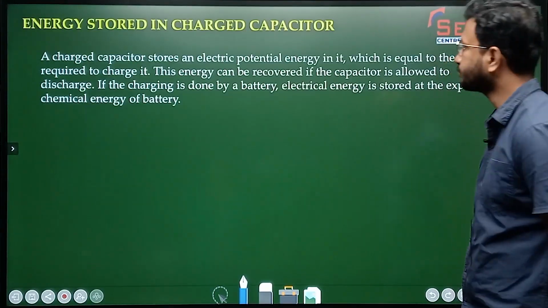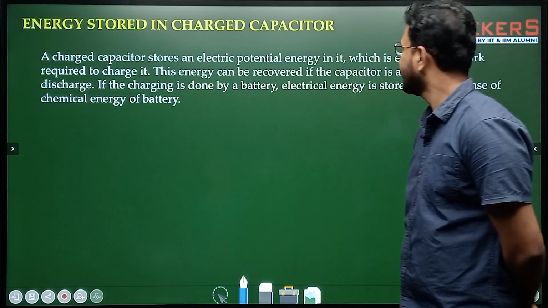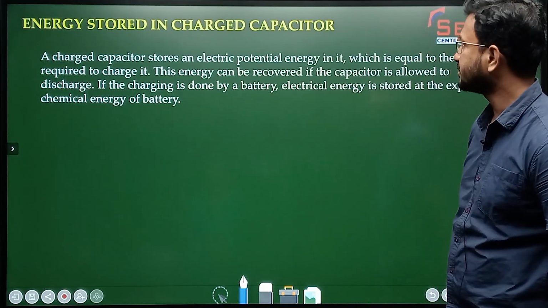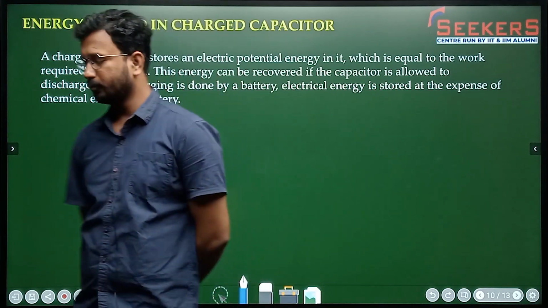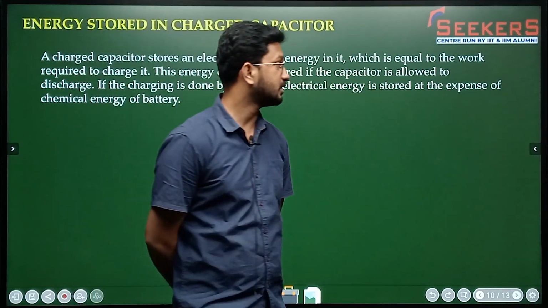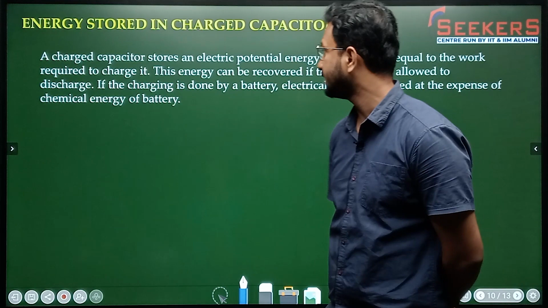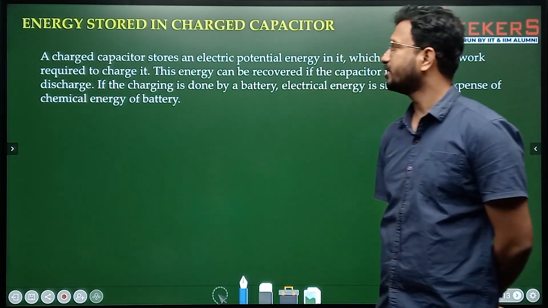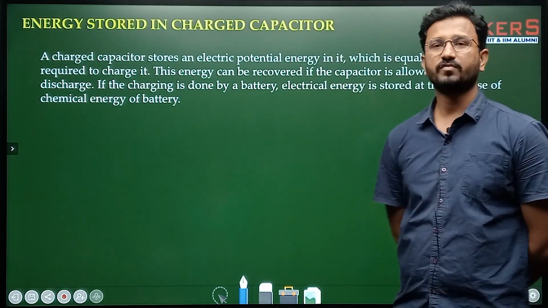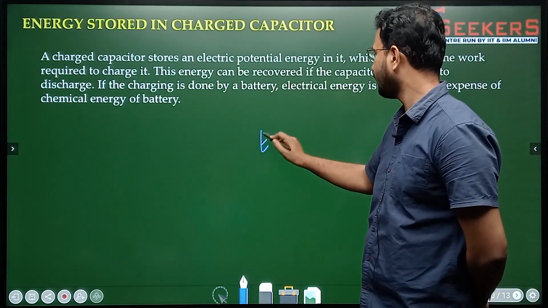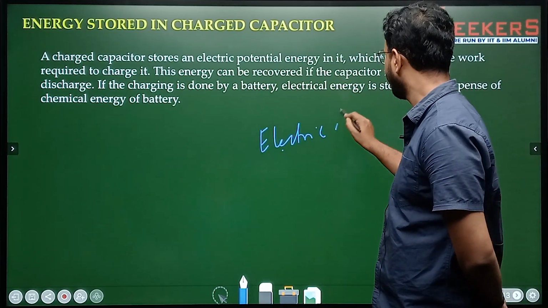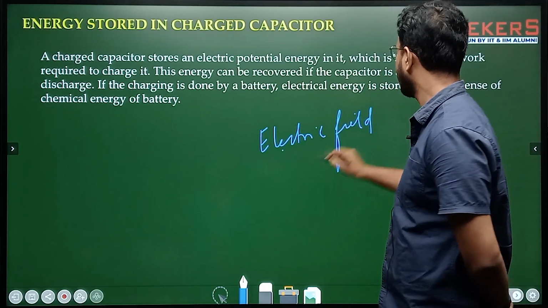Moving forward, energy stored in a capacitor. If we have a capacitor with one plate positively charged and the other negatively charged, there will be an electric field inside. Because of the electric field, there will be an electric field energy associated with it.